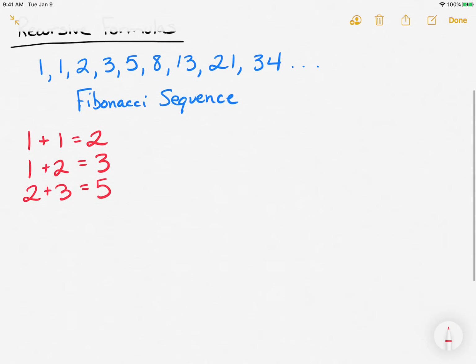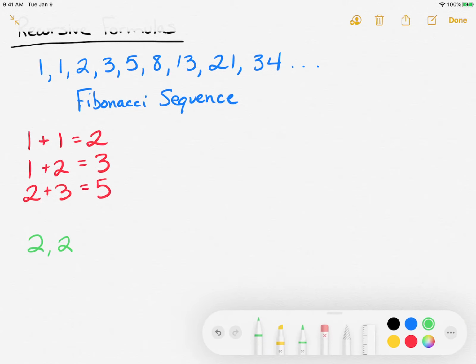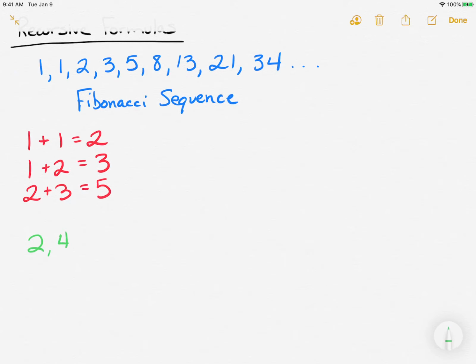You could do simpler ones than the Fibonacci sequence. For example, this is a really simple example of a recursive formula because you are taking the previous number and adding 2 to it.